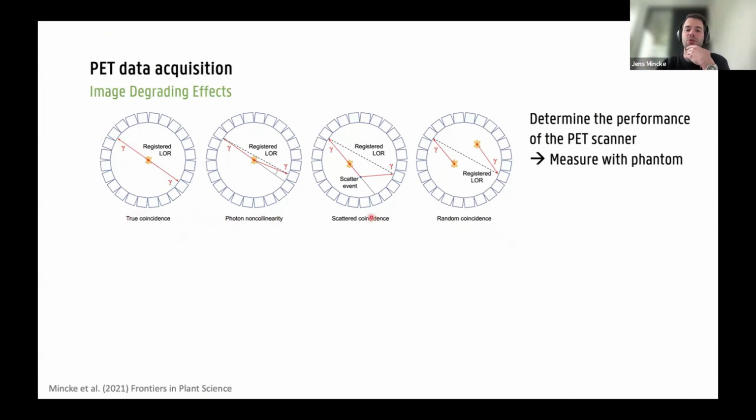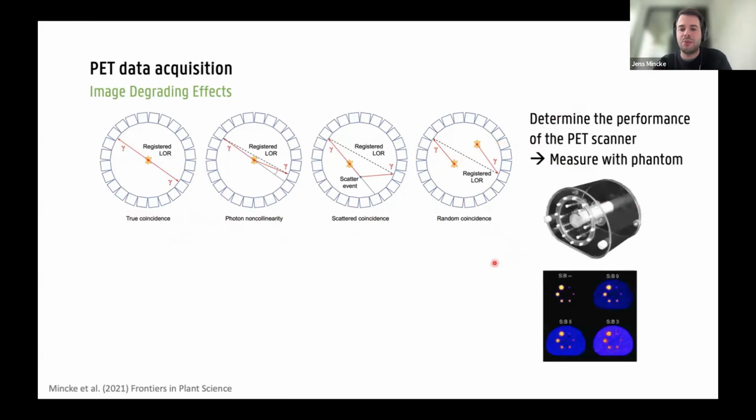You need to be aware of it, but you cannot do something about it, as these effects actually determine the performance of the PET scanner. And these are measured with a phantom. Essentially, this is a water-filled volume which contains tiny spheres, and these spheres are filled with the radiotracer. Then this image is captured, and it is used to calculate the performance of the scanner.